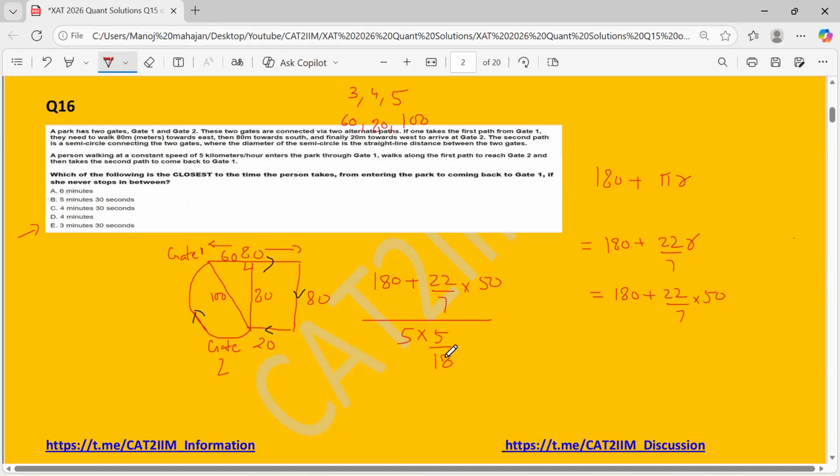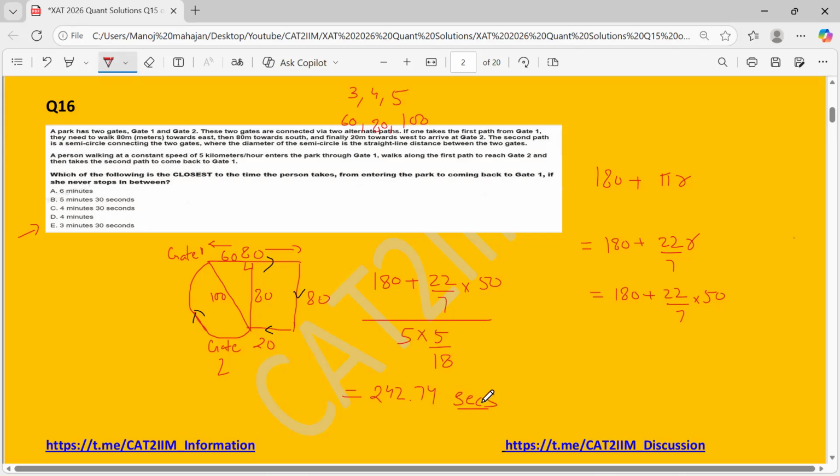So this would be the answer in terms of seconds, and you need to convert into minutes also. So a tough one actually in terms of time as well. You can use the calculator to do this calculation. This will come out to be around 242.74 seconds.